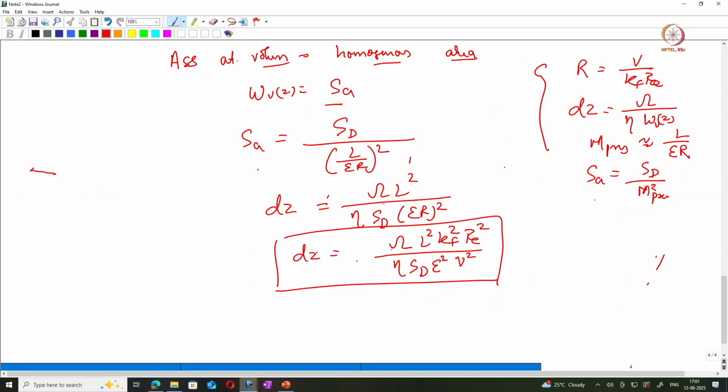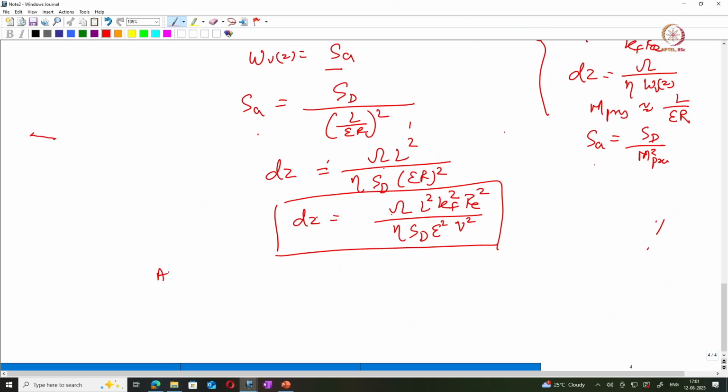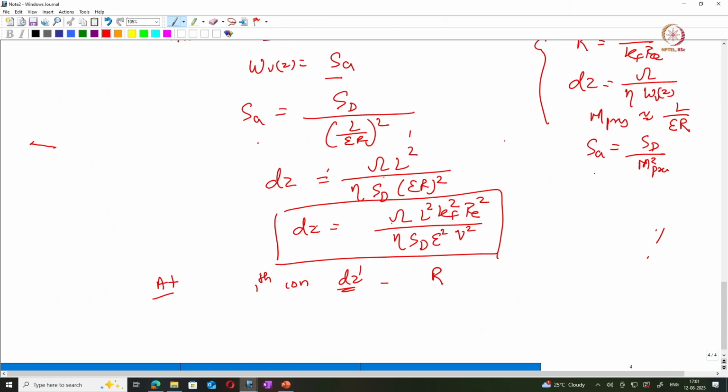This can be deduced from the atom positions. For the ith ion, the dz dash can be computed as ri times 1 minus (xi squared plus yi squared) divided by ri square.